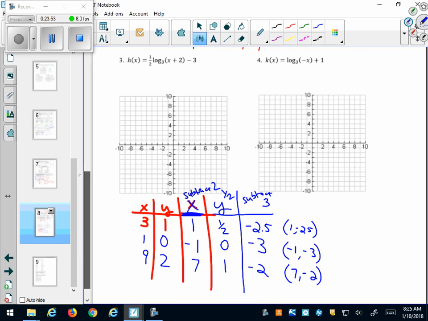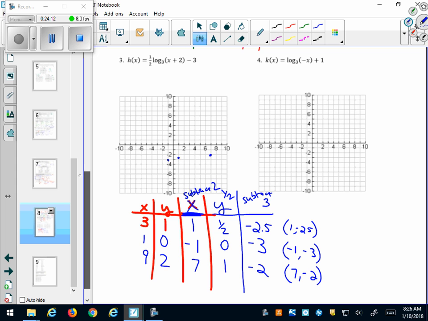So 1, -2.5, -1, -3, 7, -2, and this moved to the left 2.